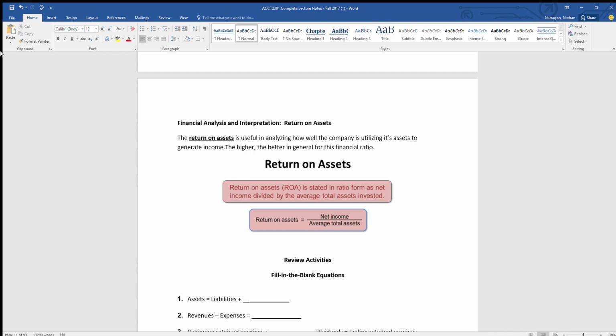So the basic formula right here is return on assets equals net income divided by average total assets. Average total assets is a little bit easier to make. It's basically going to be your beginning total assets plus your ending total assets divided by 2. And there you go. There's your average. Yay, math. So basically we use this.